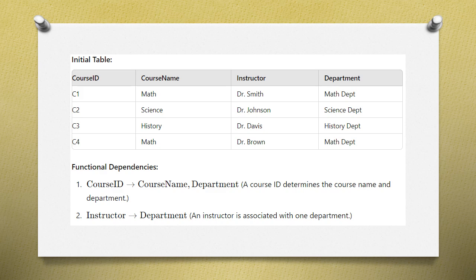The first functional dependency, you can see, course ID to course name and department. A course ID determines the course name and department, right? The second functional dependency is instructor will determine the department, because an instructor is associated with one department, right?